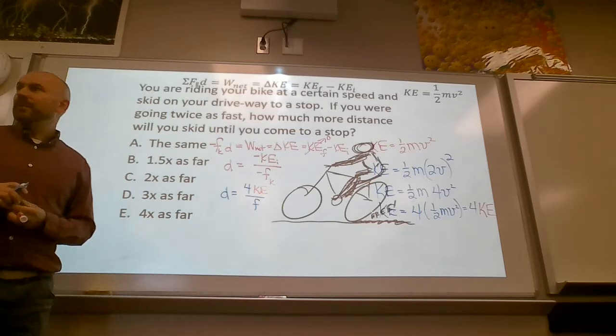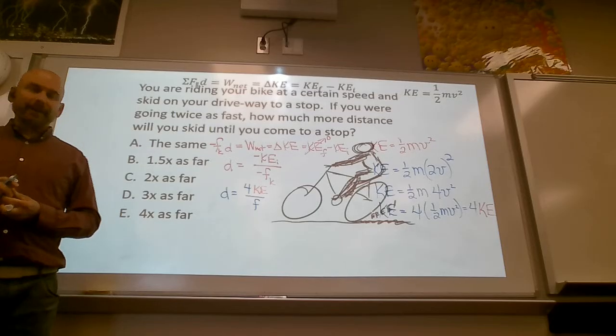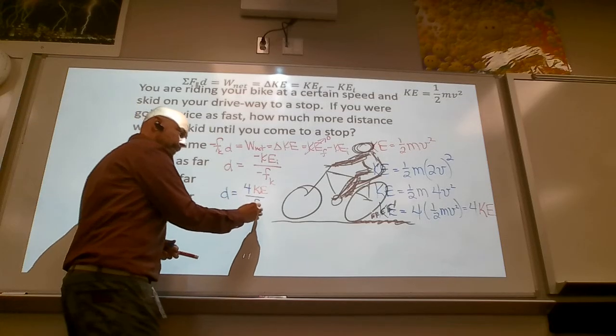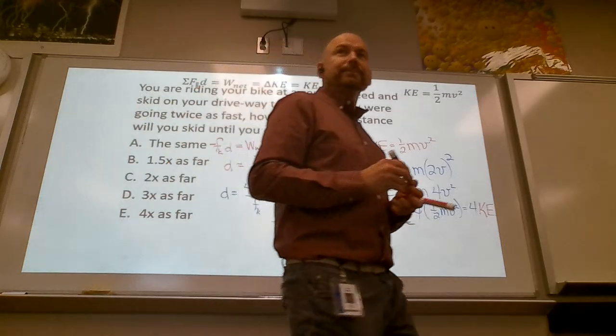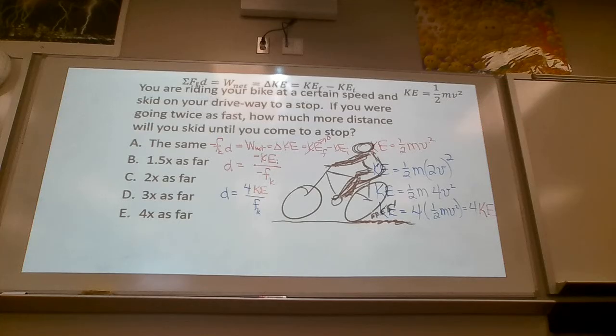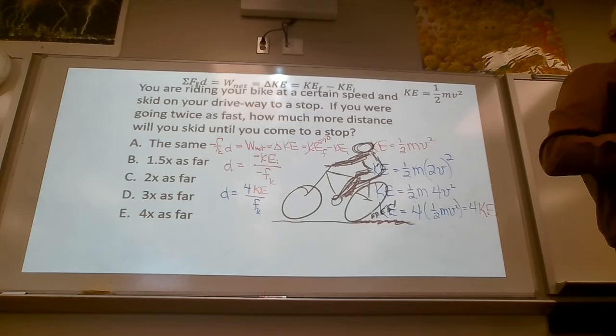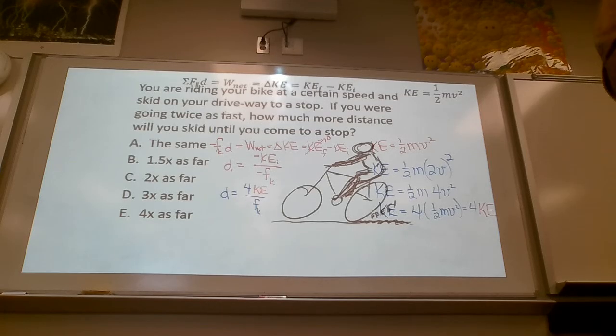No. Kinetic friction is independent of how fast you're going. So at twice the speed, you are going 4 times the distance to stop, because you have 4 times the kinetic energy. That is not intuitive.